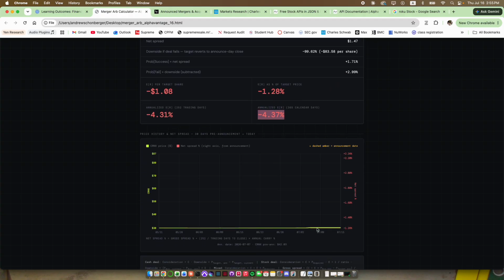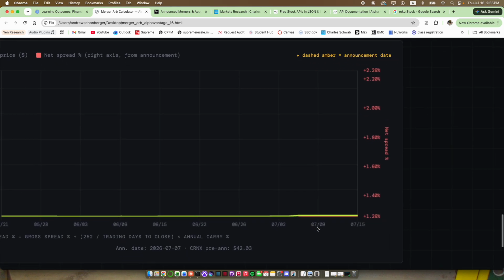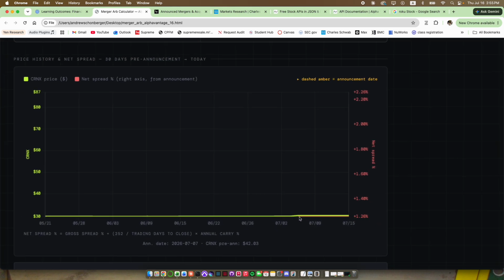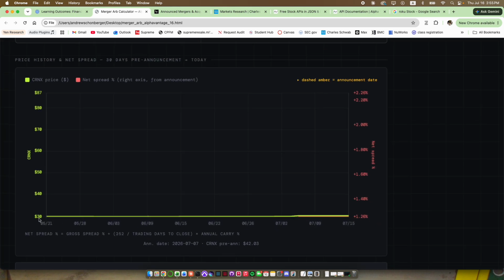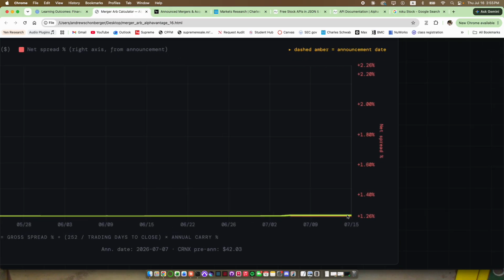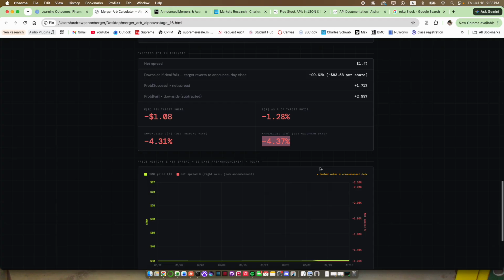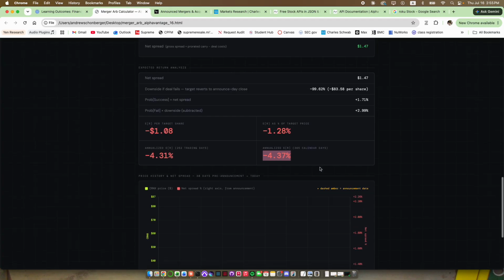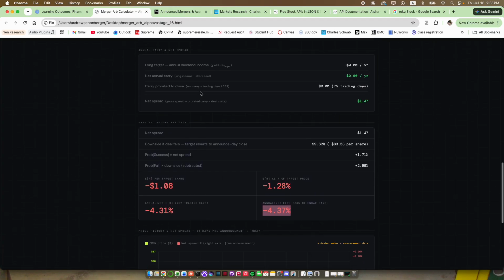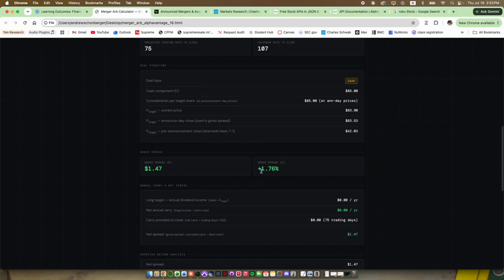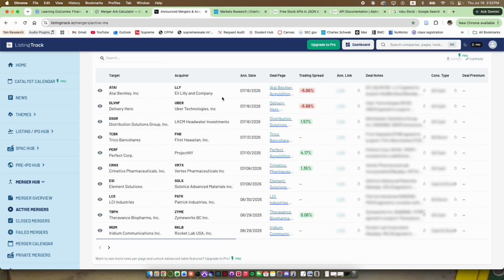And so this is the line chart I was talking about, where it'll show you the price of the stock for the past 30 days. And then this red line down here is showing you the net spread. And so the net spread is what you would receive after all costs are factored into the calculation. So if you look at all these deals, you can just put the ticker in and then put in whatever Claude says would be the expected close date and then the terms of the deal.